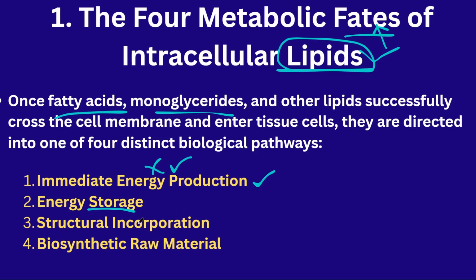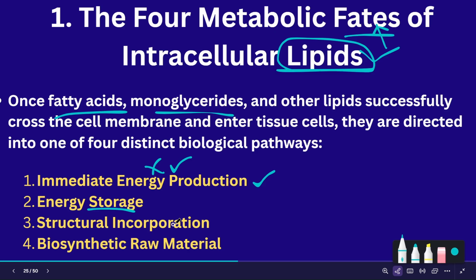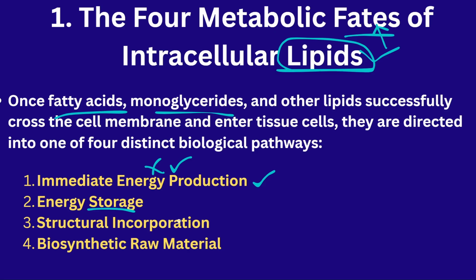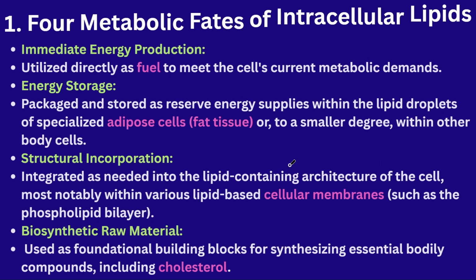And after the storage, some of the body parts are made up of lipids, right? Like cell membranes. The cell membrane present around each and every cell is made up of lipids. Or these lipids are also helpful for production of cholesterol.